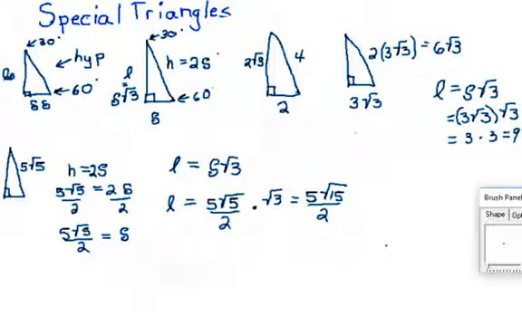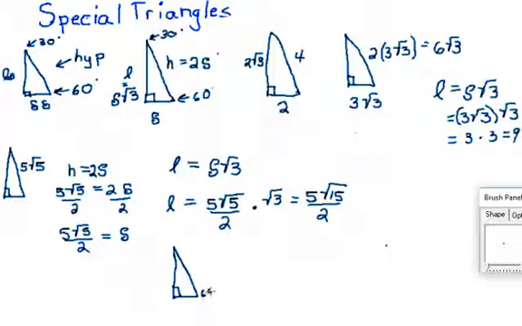Let's look at one more example, and that is, what if they give you the long leg? Now remember, you'll know that it's the long leg because the long leg is going to be opposite the 60-degree angle.